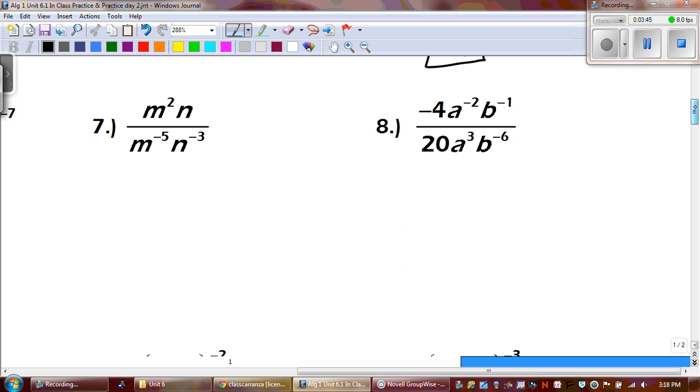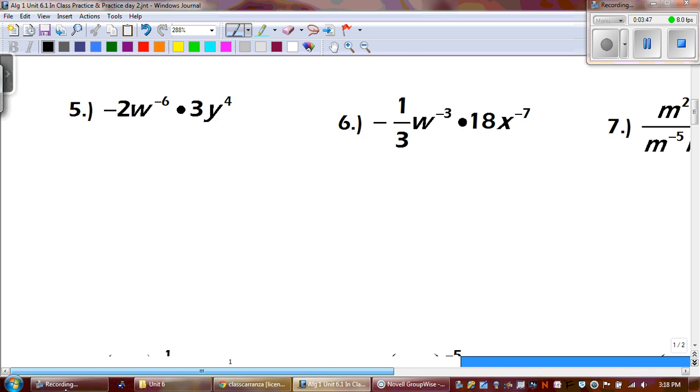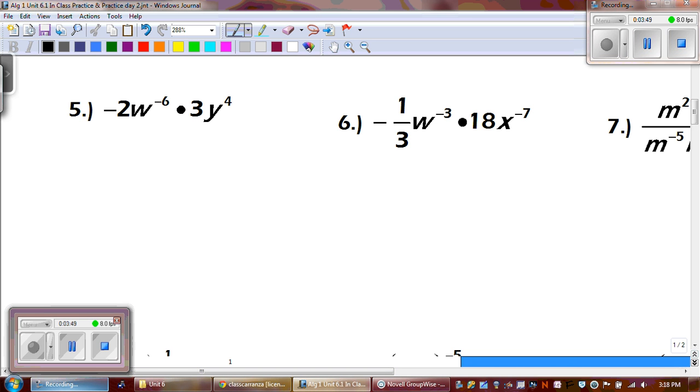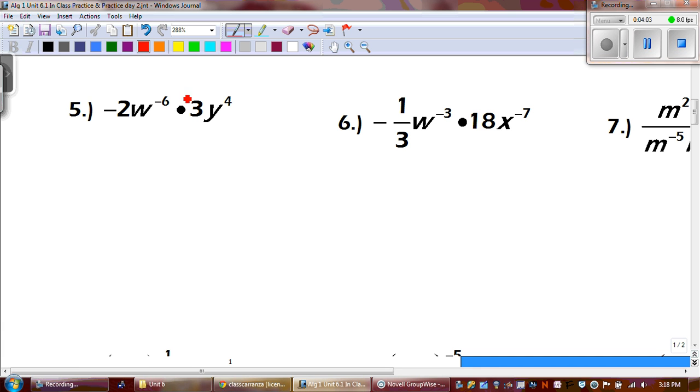Okay, now let's start getting into some fun stuff with negatives. Okay, number 5, we got negative 2w to the negative 6 times 3y to the 4th. All right, so the first thing we said, if your exponent's negative, you drop it like it's hot. So I'm only talking about my exponent that goes with my base.